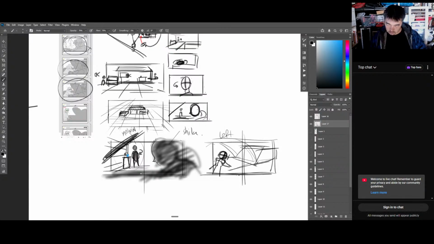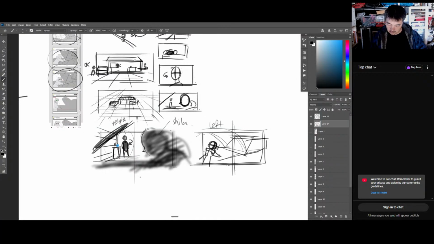So to fix that, well, before we fix it, let's look at the top view again. Here she is, Sheila's right here. Melvin is right here. To fix that, we have her right here.